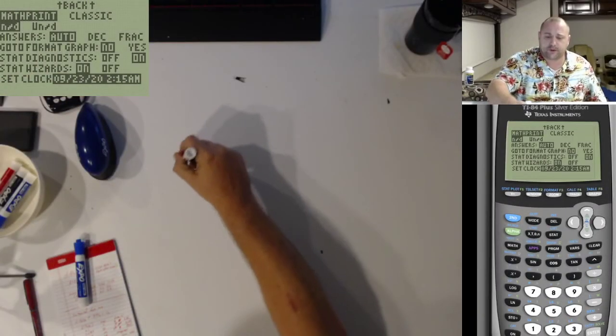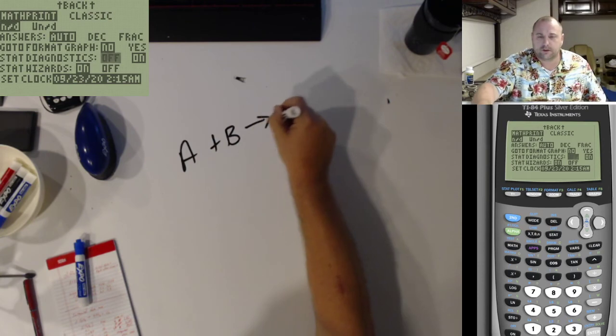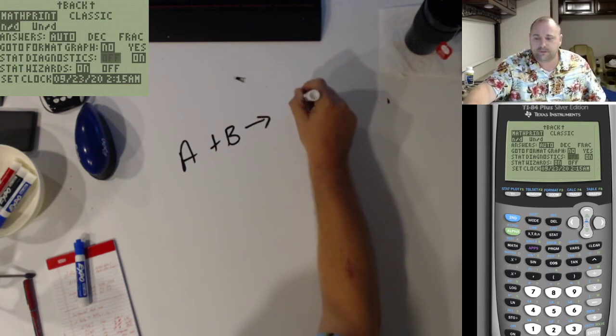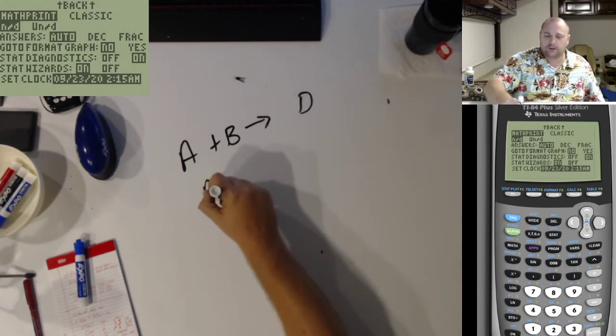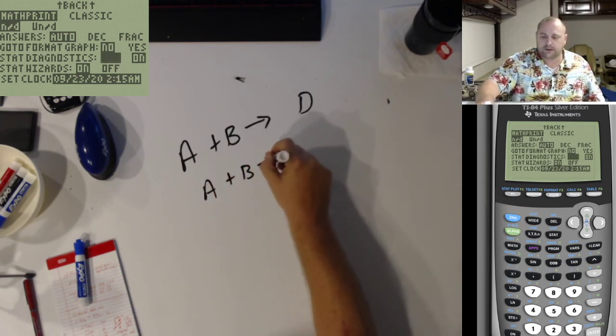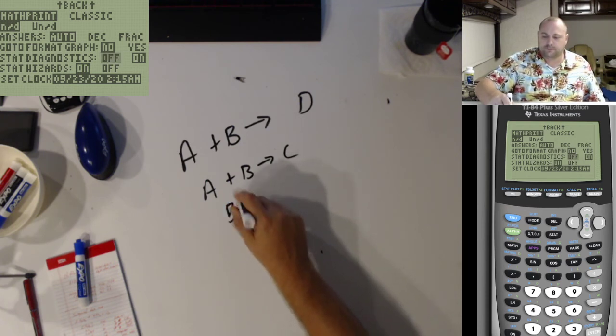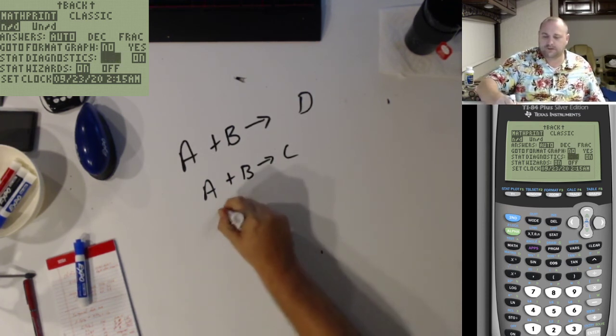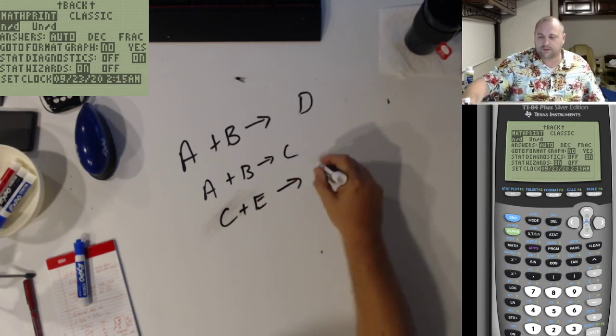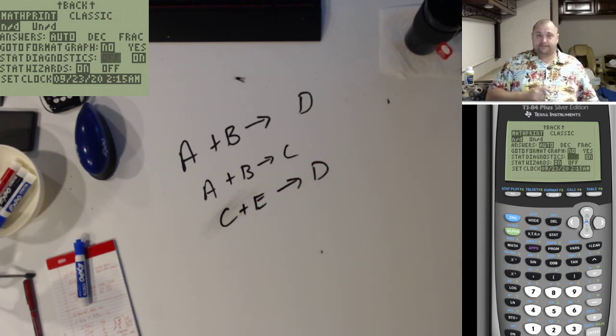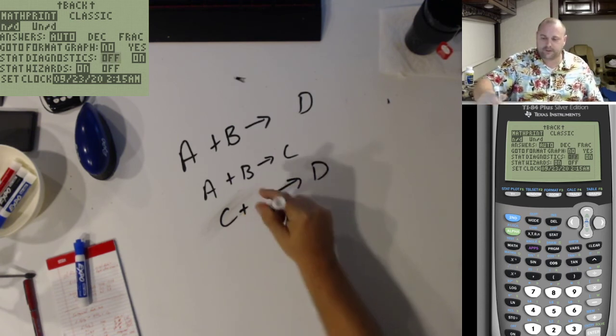One of the terms that the book leaves off, but they use a little bit, is this idea of, let's say, A plus B goes to D. But it's really A plus B goes to C, and then C plus E actually go to our D. And we don't know what E is.